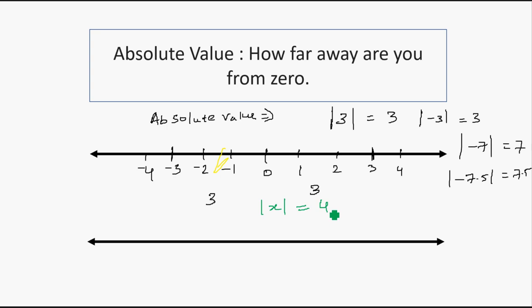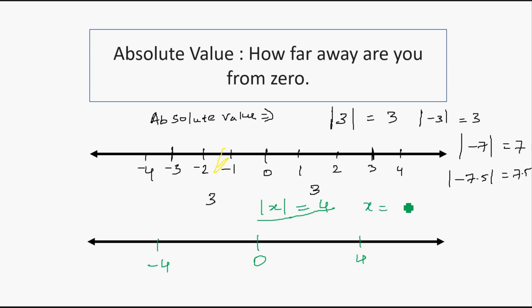So for what values of x is this condition true? So basically what it is saying is, what is a number x that is at a distance of 4 from the origin. So obviously there will be two numbers. One will be to the right side of the origin, 4, and one on the left side of the origin, -4. So there will be two values for mod x equals 4.